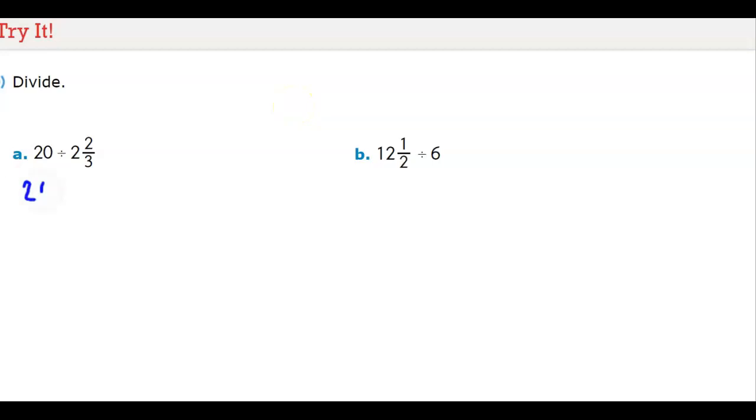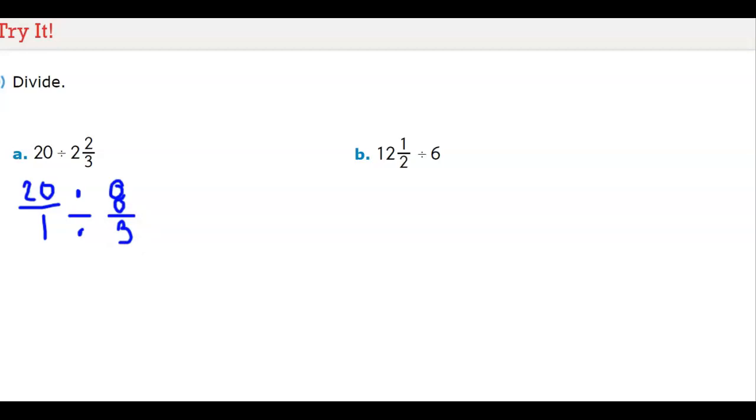So I'm going to put 20 over 1 divided by 2 and 2/3. We have to change it. So 3 times 2 is 6. 6 plus 2 is 8. So I have 8, and my denominator stays the same. Now we can multiply straight. I'm sorry, we're not multiplying, we're dividing.